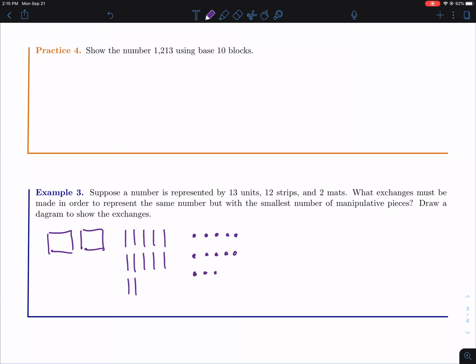So the thing to remember is, since we're in base 10, none of these positions should ever have more than 10 things in it, whether it's 10 dots, 10 strips, 10 squares, because if it does, that means we could regroup those and turn them into the next line over.